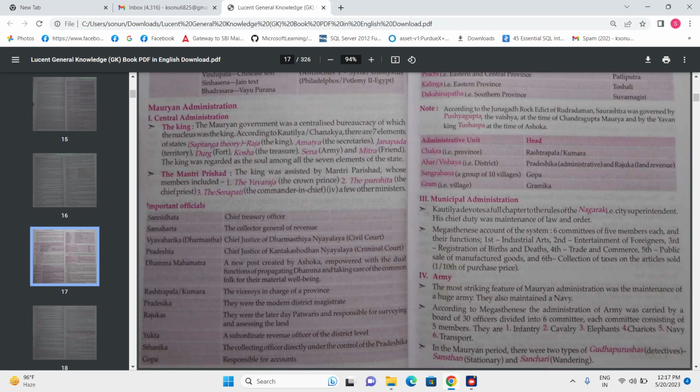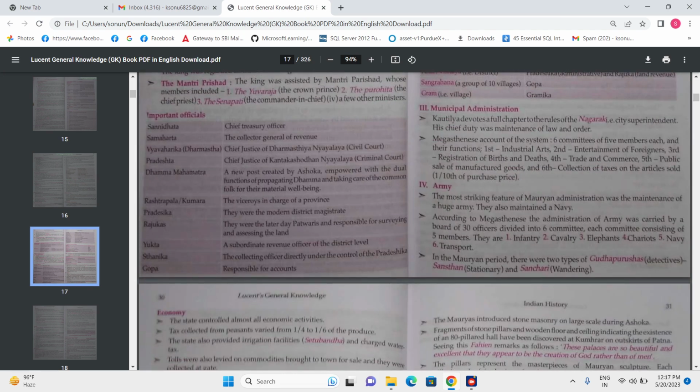Now let's see the third part of Mauryan administration, municipal administration. Kautilya devotes a full chapter to the rule of Nagrak, a city superintendent. His chief duty was maintenance of law and order. This municipal administration at the time of Maurya we can see in the book of Megasthenes, Indica.